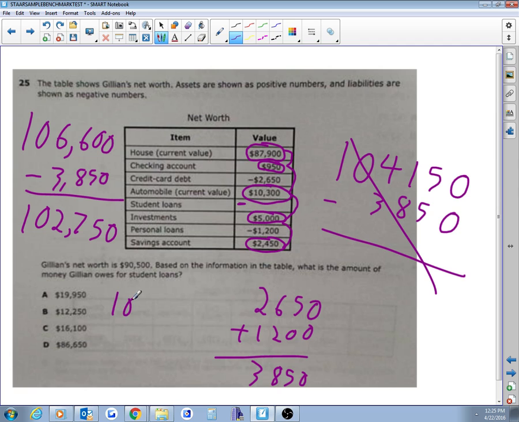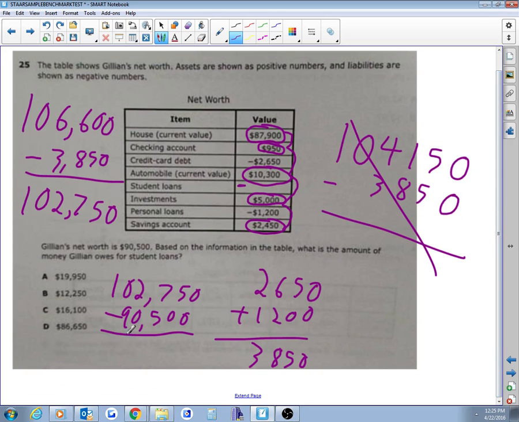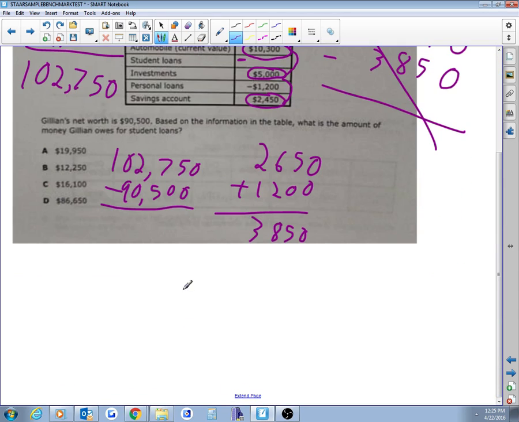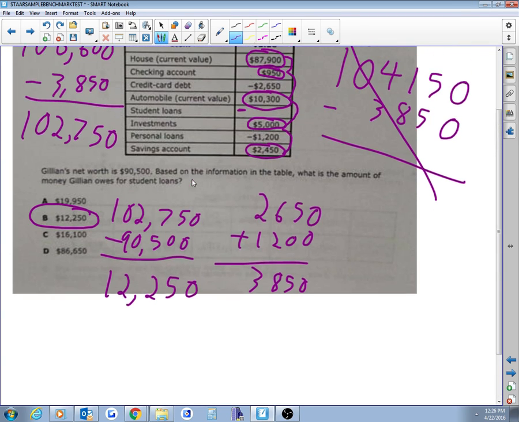So 102,750 minus what she has, the 90,500, will tell us how much she owes towards student loans. So when you subtract these, you end up with 12,250. 12,250 is what she owes towards her student loans.